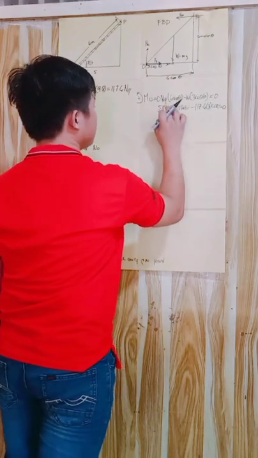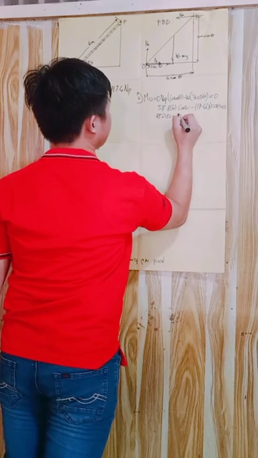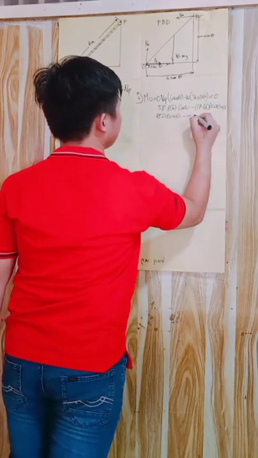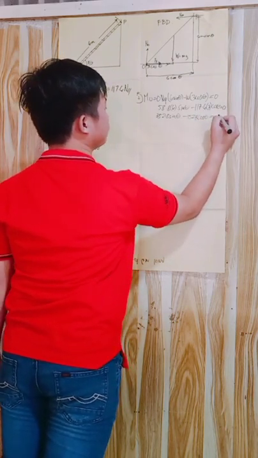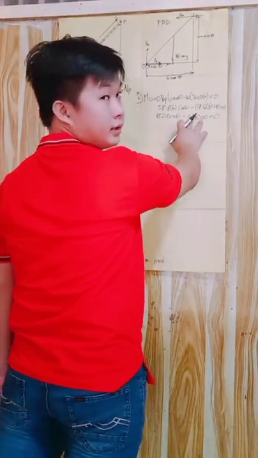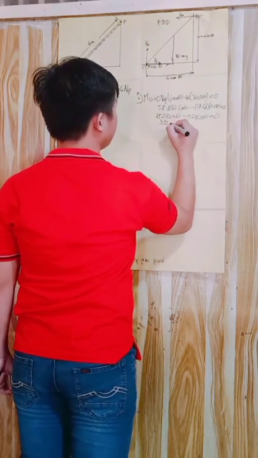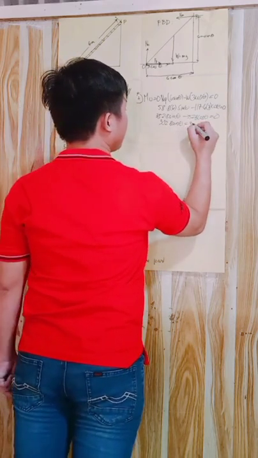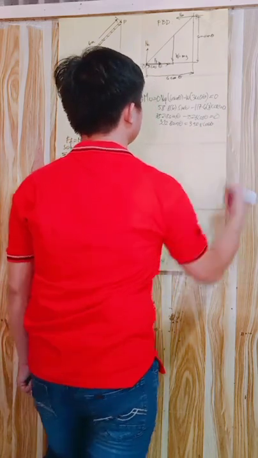Then we multiply this: 352.8 sine theta minus 117.6 times 3, which is 352.8 cosine theta, equals 0. Then we put this on the right hand of the equation. Then 352.8 sine theta is equal to 352.8 cosine theta.